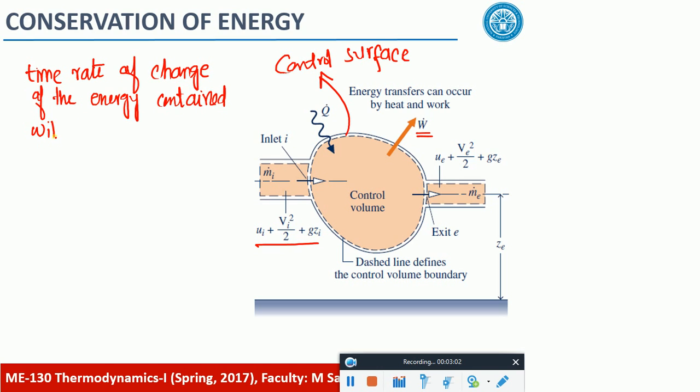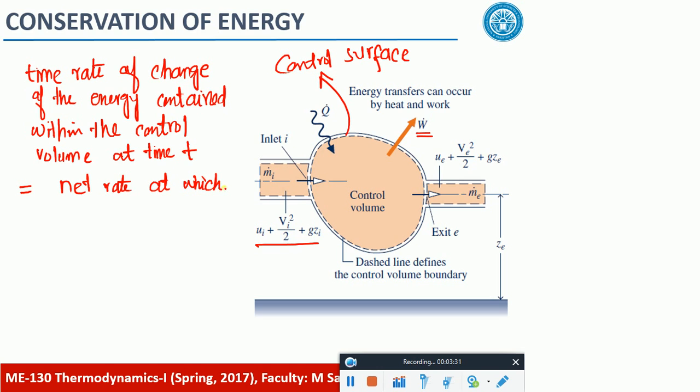contained within the control volume at time t. So whatever changes occur in the control volume's energy would be equal to the net rate at which energy is being transferred in by heat.